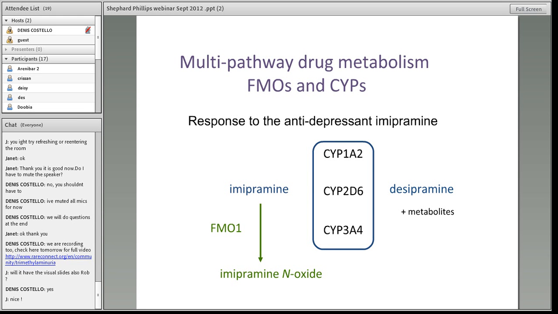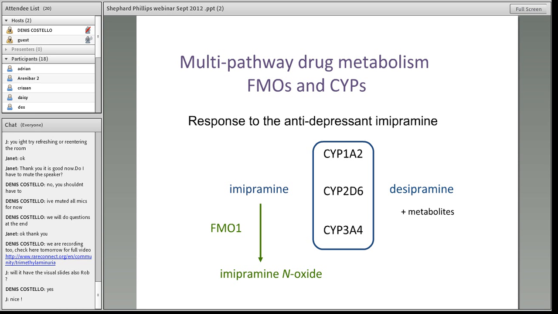Imipramine is also converted to a chemical called desipramine by CYP1A2, CYP2D6, and CYP3A4. And I've just put here metabolites, and in fact there are about 12 metabolites that are produced by the actions of the CYPs. So quite complicated, but there's a single product of an FMO reaction, which is imipramine to imipramine N oxide.